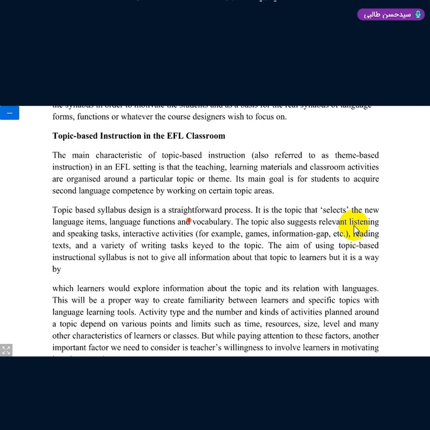When the course is based on the topic, it creates a lot of motivation in language learners. So it is one of the best types of syllabus for any classroom, especially for ESP courses, because the type of topic that students show interest in will keep them interested and motivated to learn the language.